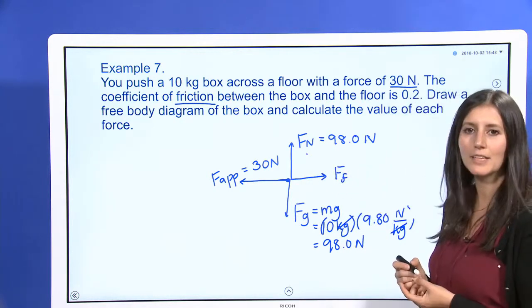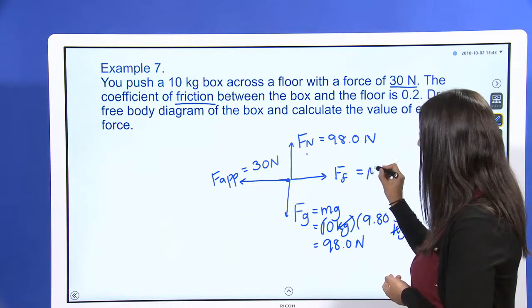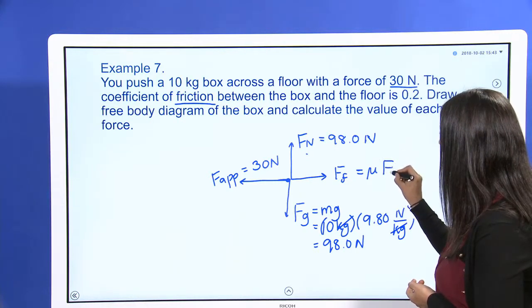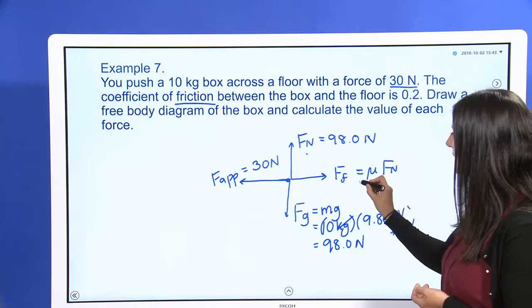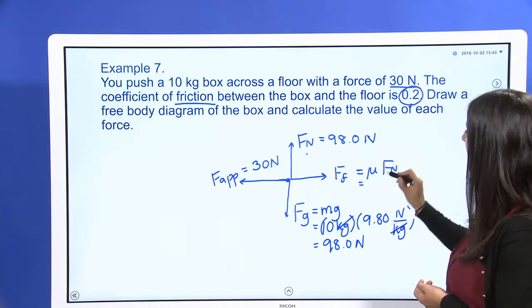Now how do I calculate force of friction? It always equals mu, which is the coefficient of friction, times the normal force. In this case, they tell us that the coefficient of friction is 0.2.